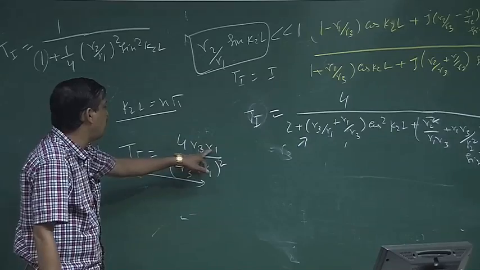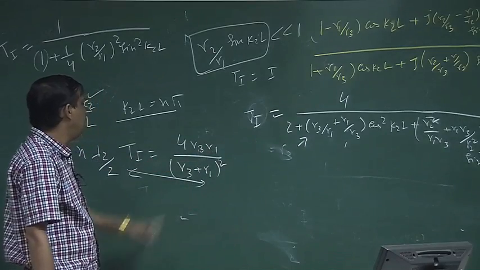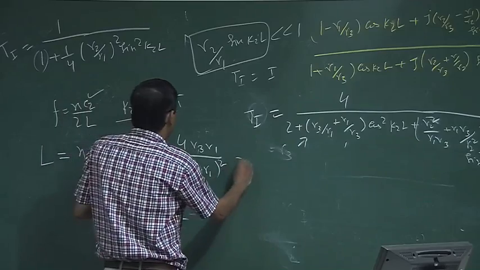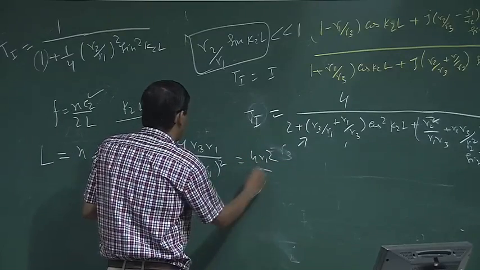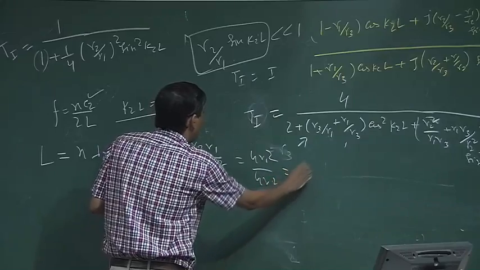If R1 and R3 are equal, it is 4 R1 square divided by 2 R1 whole square, which is 1.